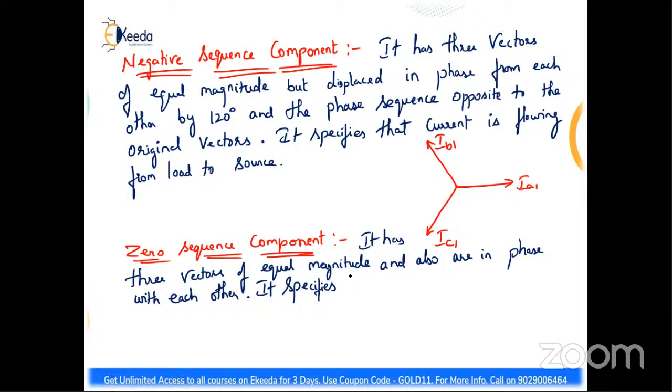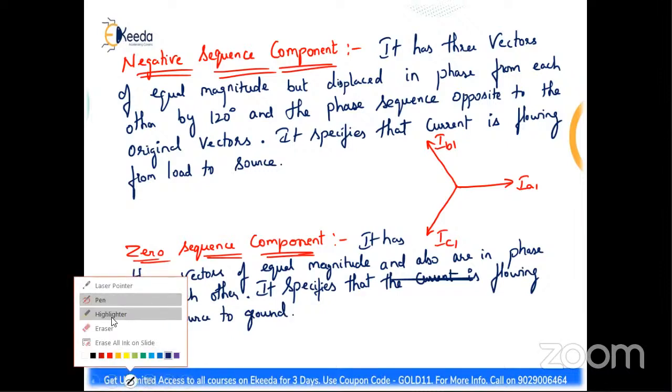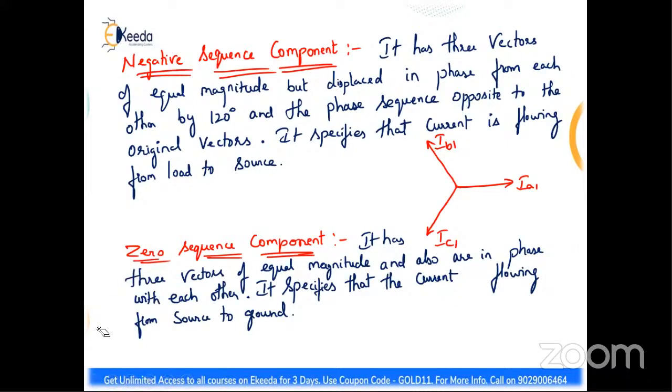It specifies that the current is flowing from source to ground.